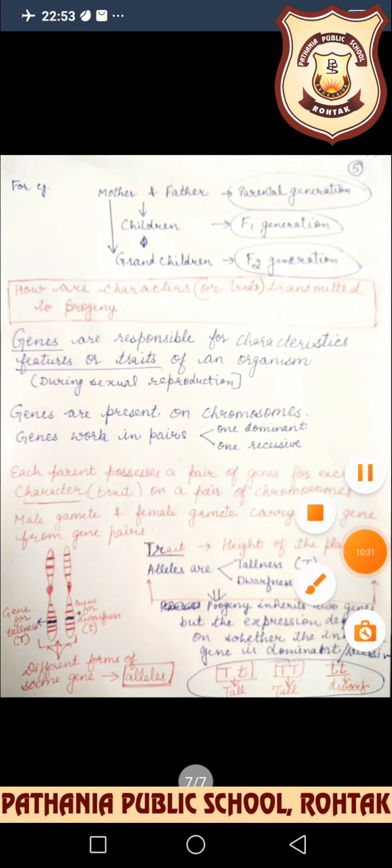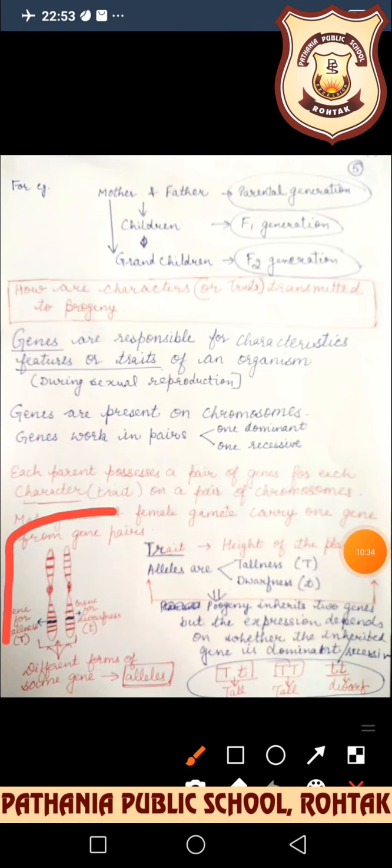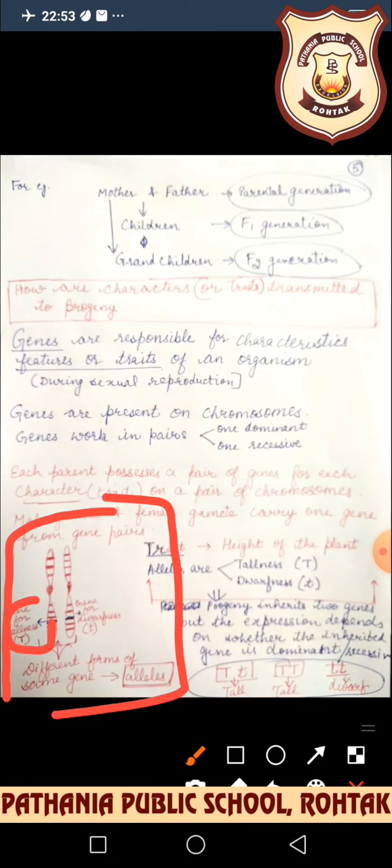Look at this picture, this diagram. This is a chromosome pair in which the gene for capital T is present on one, and the gene for small t is present on another.